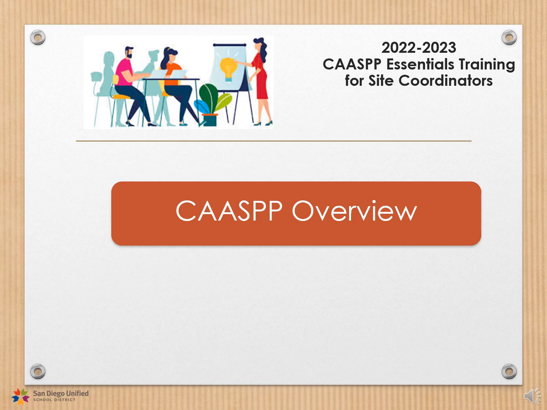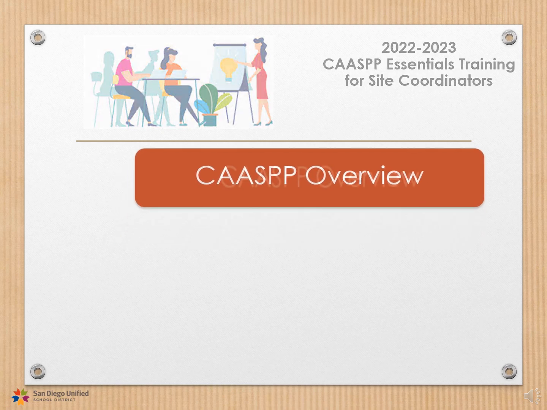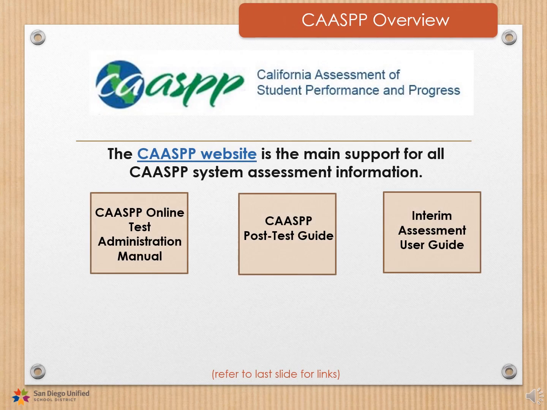Let's begin with an overview of the California Assessment of Student Performance and Progress, also known as CAASPP. The CAASPP website is your source for access to test administrating systems, training resources and materials, and important dates regarding administering the CAASPP assessments.